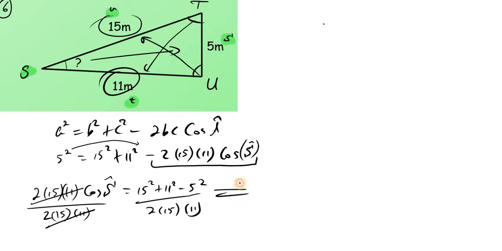So what I have so far is that cos of angle S is equal to 15 squared plus 11 squared minus 5 squared, over 2 times 15 times 11. Let's work that out. 15 squared plus 11 squared minus 5 squared is going to be 321.